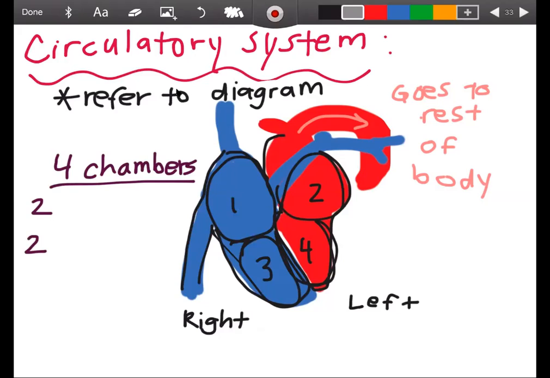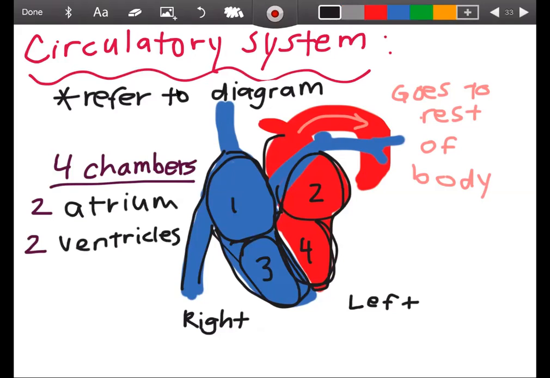Going into the parts of the heart, we have 4 different chambers. I numbered them 1, 2, 3, 4. Out of these 4 chambers, 2 of them are the atria, 2 atrium, and we have 2 ventricles.